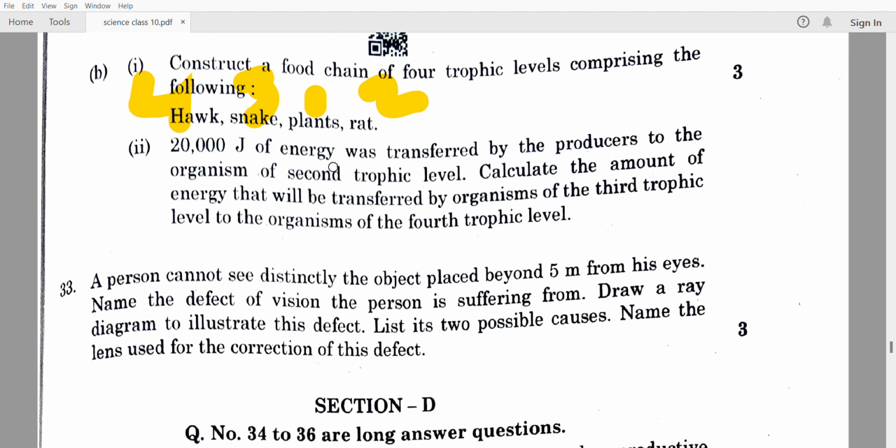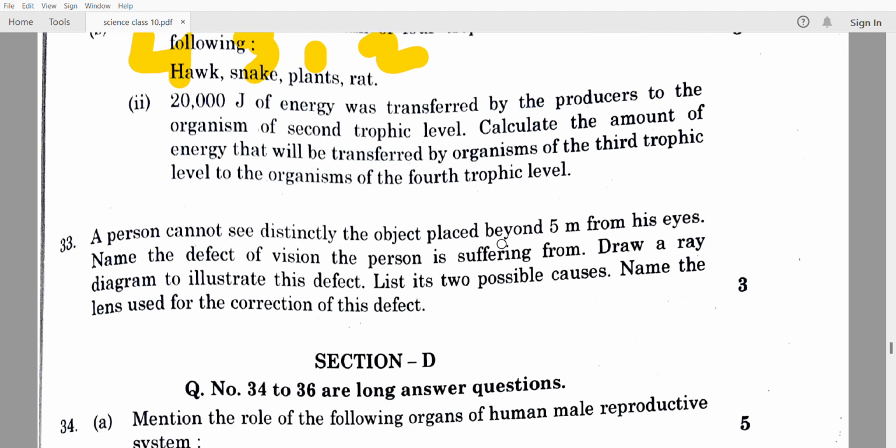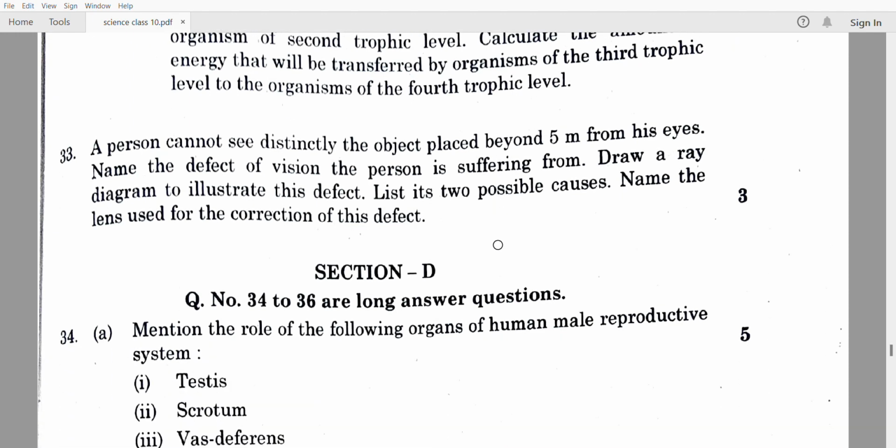So if 20,000 is in the producer, first primary consumers will get 2,000, secondary consumers will get 200. Producer, primary, secondary. So the third trophic level is the secondary consumer, that is they are getting 200. Then from them it will go 10%, that is 20 joules of energy.